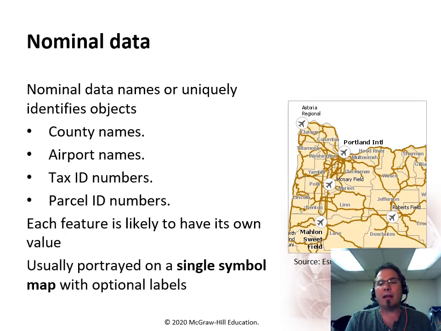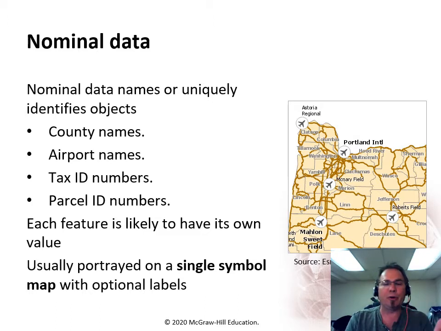So nominal data is unique names or uniquely identifies objects that might be on a map. County names, airport names, tax ID numbers, parcel ID numbers. If you don't know what a parcel is, the city keeps track of their tax base by the footprints of buildings. So every building has a footprint and they call that a parcel.